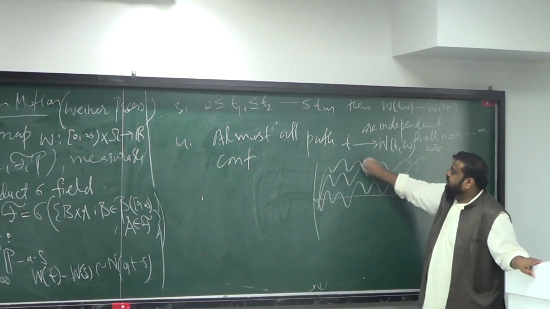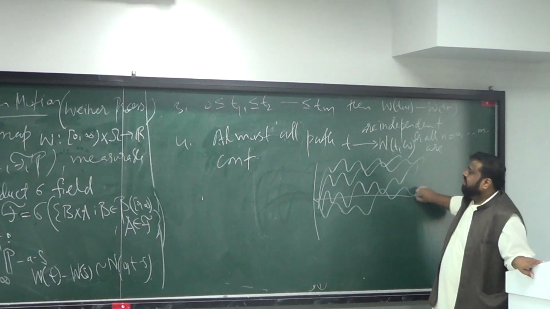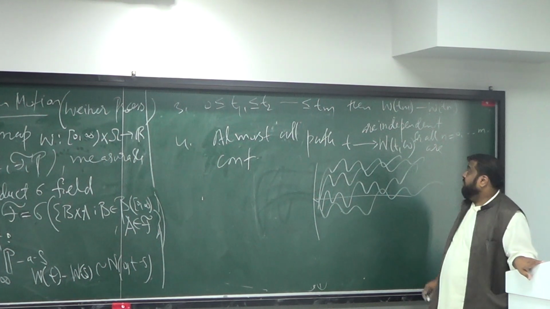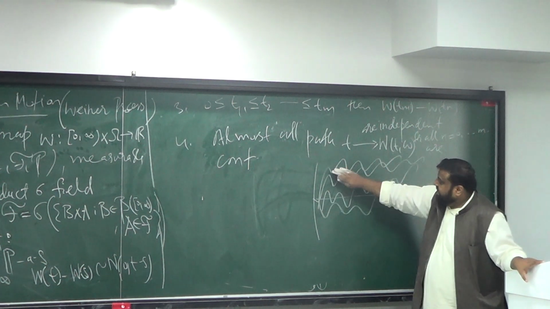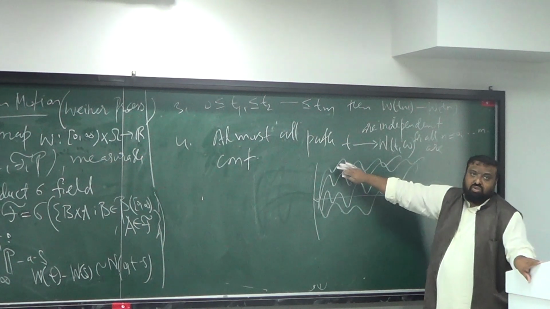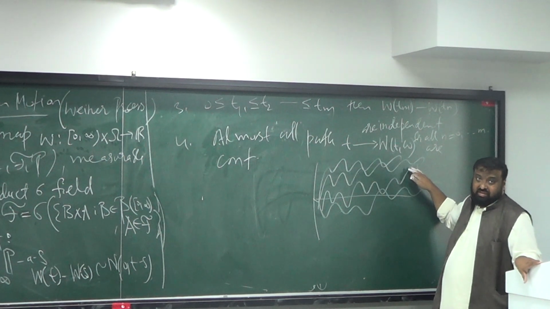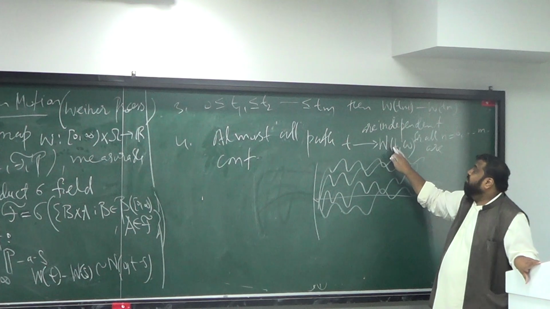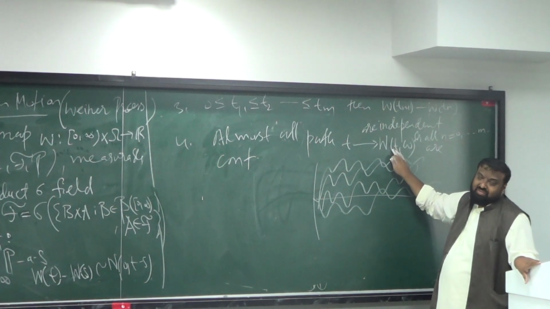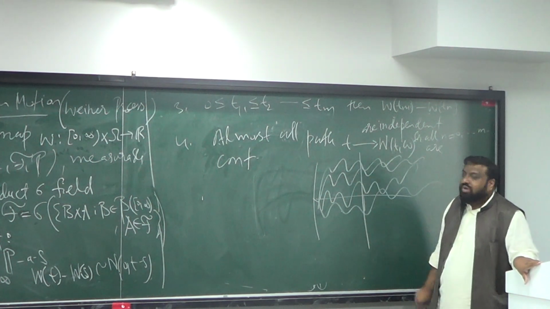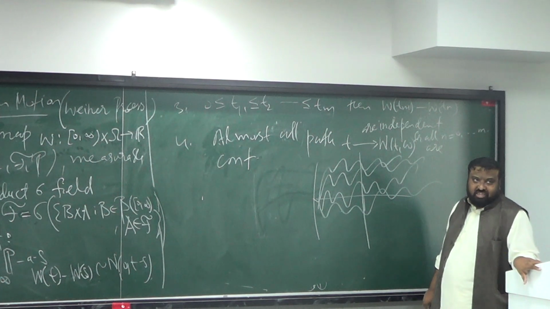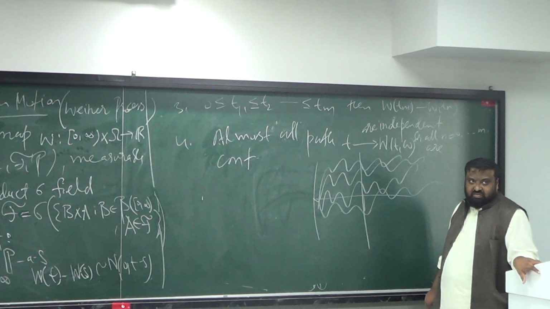For each omega, if you fix omega, in other words, if you take a particular trajectory, then it's always going to be continuous. What if I am fixing time t and varying the omega? It's like you are fixing a time and you want to look at how all of these possible trajectories are behaving for every one of them.